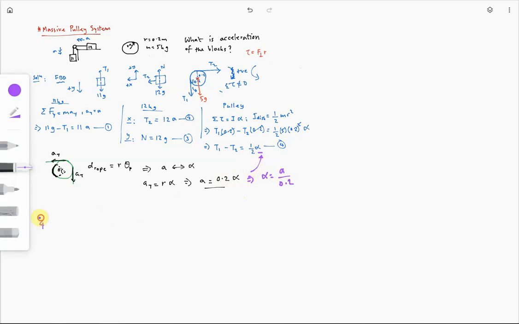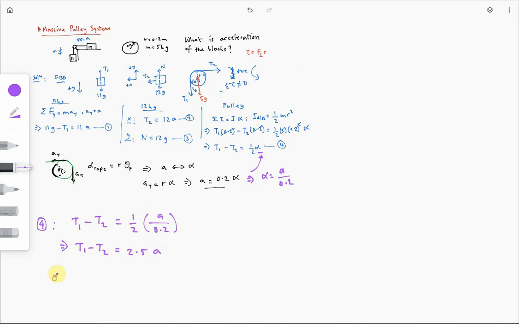Therefore equation 4 becomes T1 minus T2 equals 1/2 times a over 0.2. This is then T1 minus T2 equal to 2.5 times a.